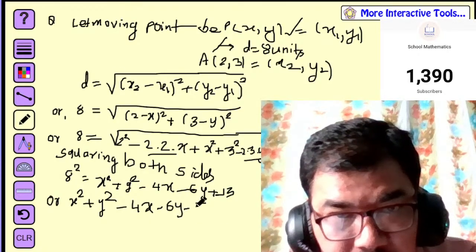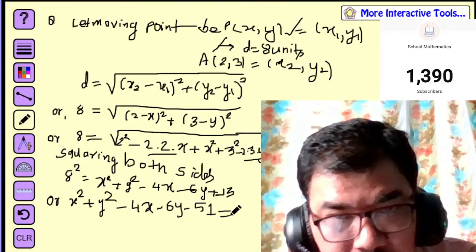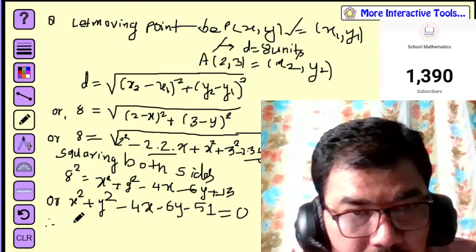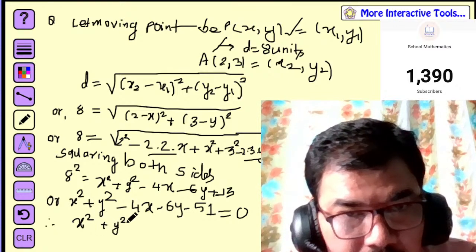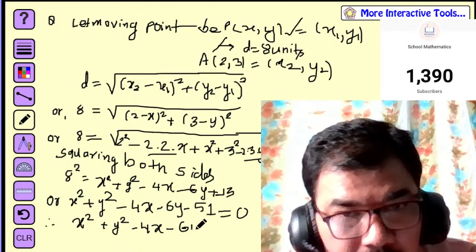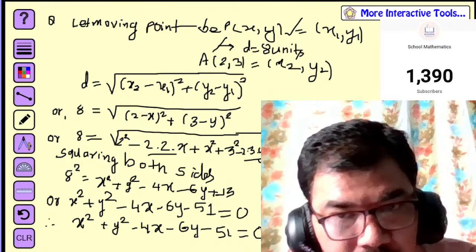That side will be 0. And this will be the required locus. Therefore the locus is x squared plus y squared minus 4x minus 6y minus 51 equals 0.